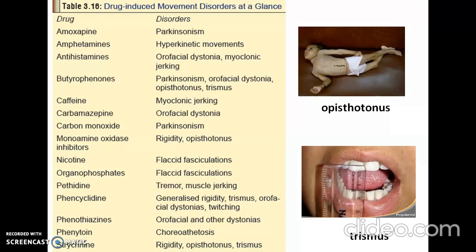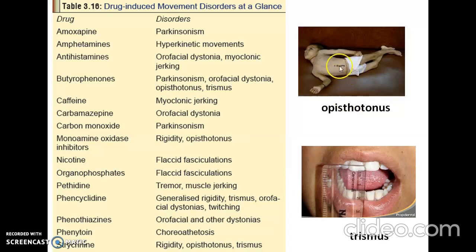Many drugs can cause movement disorders, and let us see about them. Like drugs, amoxapine causes Parkinsonism, amphetamines cause hyperkinetic movements, antihistaminics cause orofacial dystonia and myoclonic jerking, butyrophenones cause Parkinsonism and orofacial dystonias, and opisthotonus. Opisthotonus is a condition of muscle spasm which causes backward arching of the head, neck and spine.